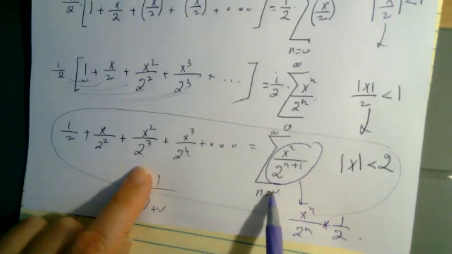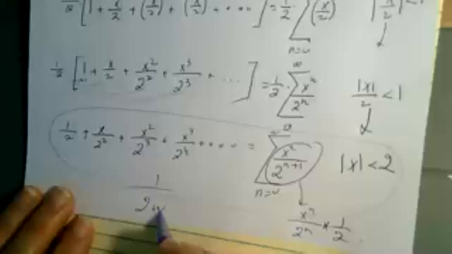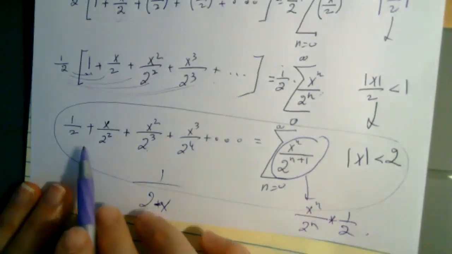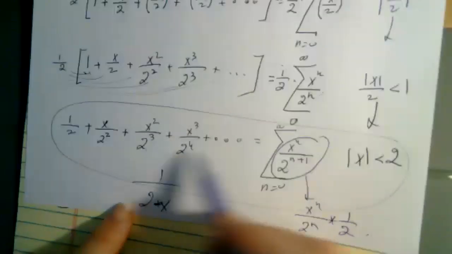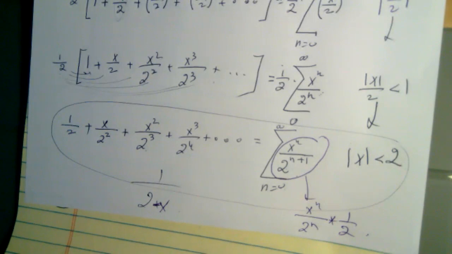So I am on the right track. Basically, those coincide. If n is 2, I'll have x squared over 2 to the power 3, and so on and so forth. And this gives me the representation of the function 1 over 2 minus x. And this equality holds as long as my absolute value of x is less than 2. Okay?